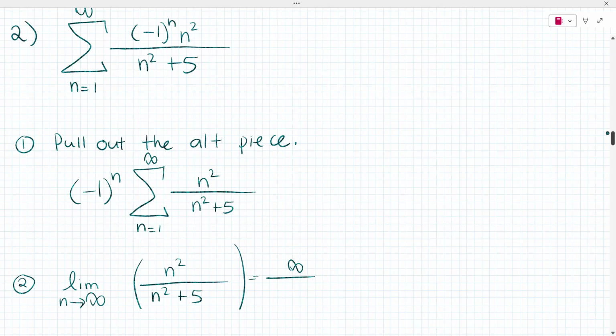Infinity plus 5 is still infinity. What's infinity over infinity? Usually 1, and that does not equal 0. So it's going to diverge.